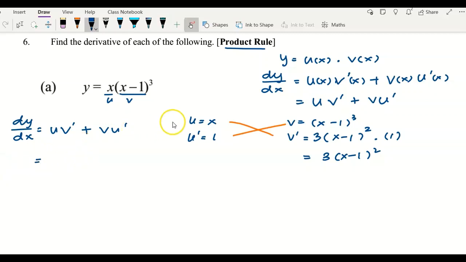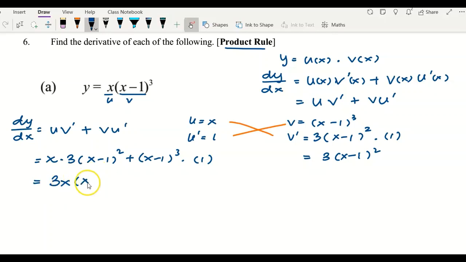So u v prime means taking x, u as x, multiplied by v prime, which gives 3(x minus 1) squared, plus v multiplied by u prime. v is given as (x minus 1) cubed, multiplied by u prime, which is 1. Now you simplify. Rewrite your answer again so that it looks nicer to simplify later.